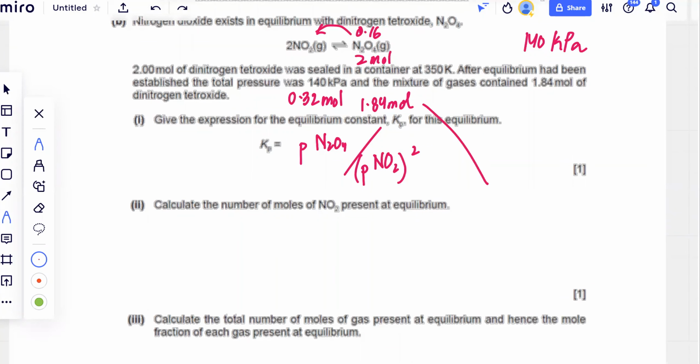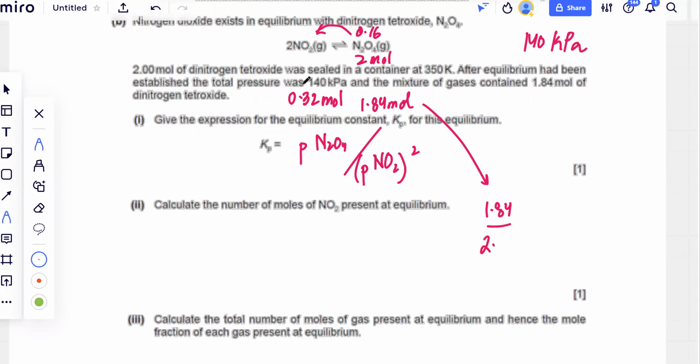Due to N2O4, what's the partial pressure? It's going to be 1.84 moles divided by the total moles, which are what? 1.84 plus 0.32. What do you get for that? 2.16? Yes.